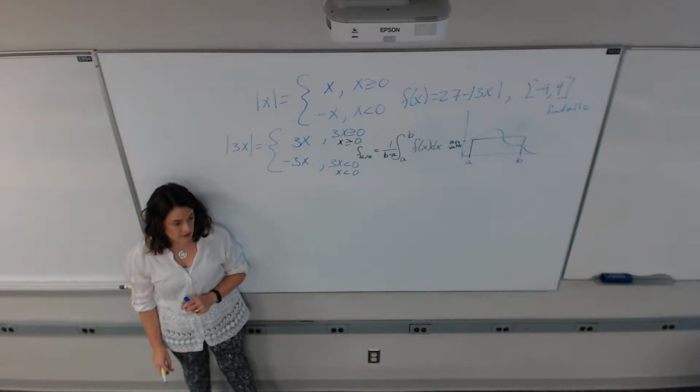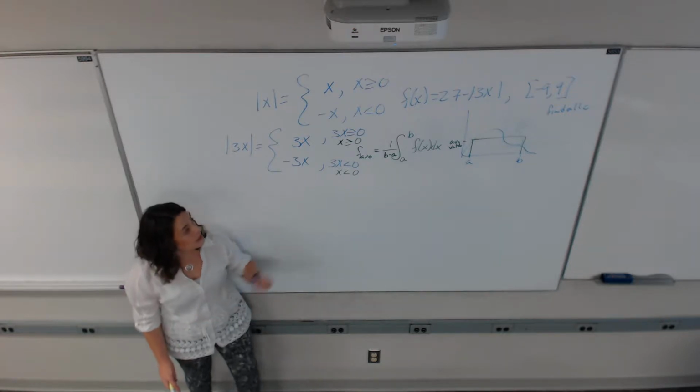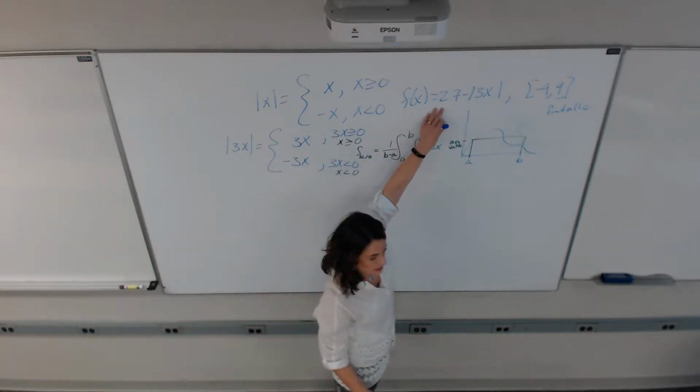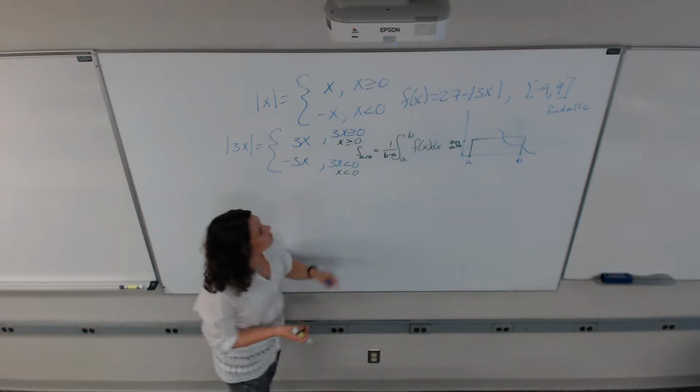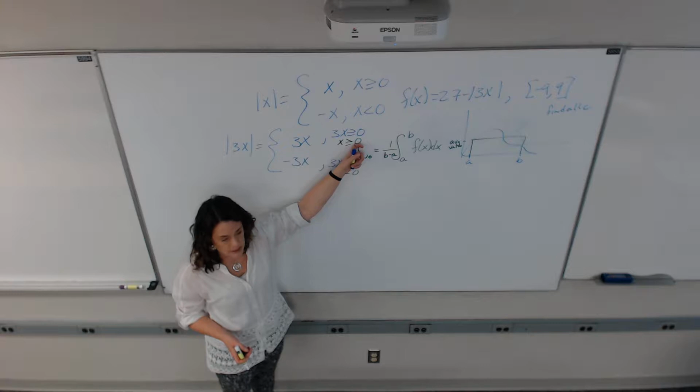Solve for x. So now I have a rule, and I know where these are going to split apart, which means that when I try to integrate this, I have to split it up between less than 0 and greater than 0.